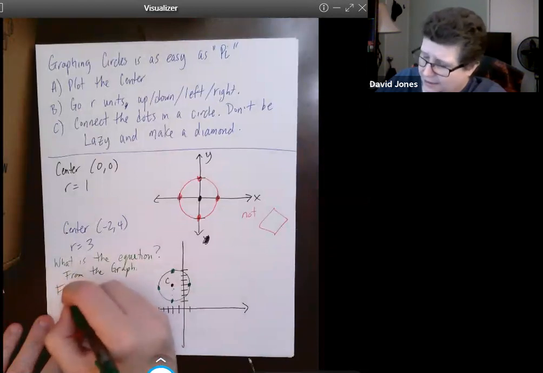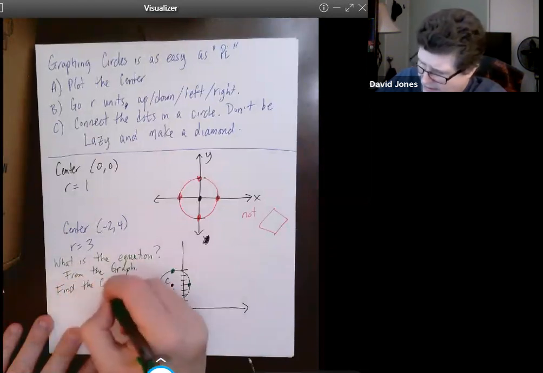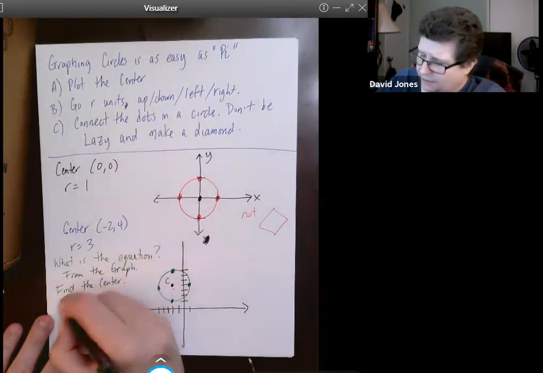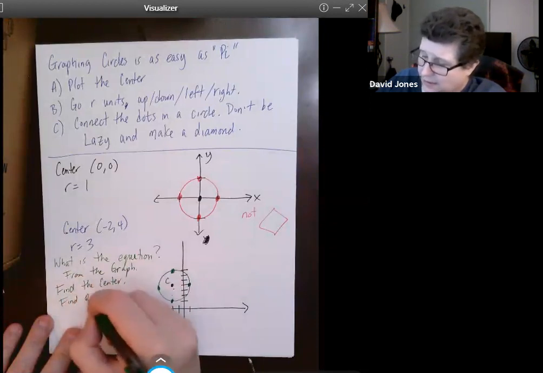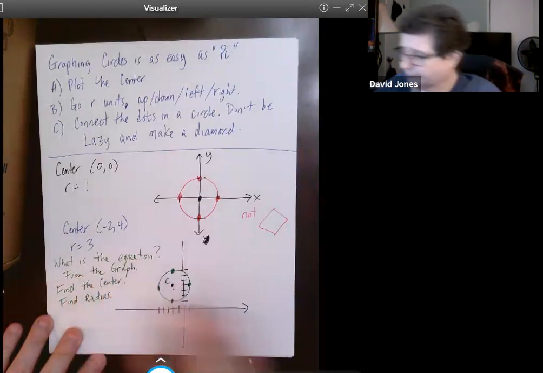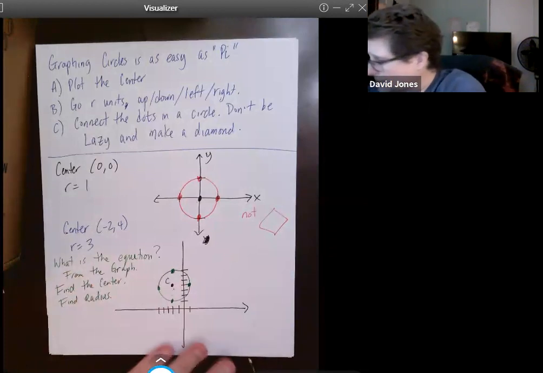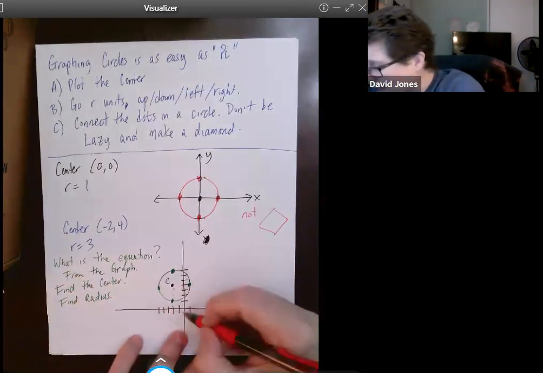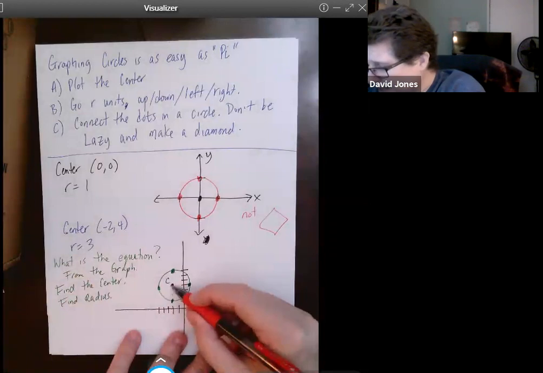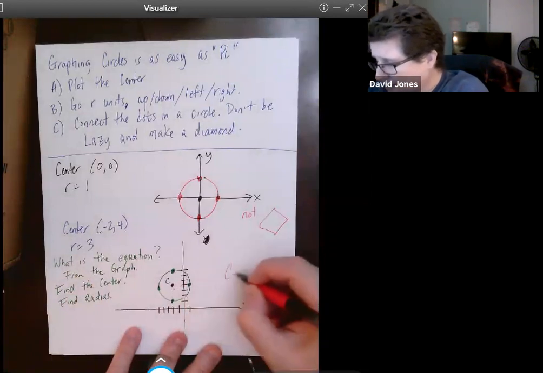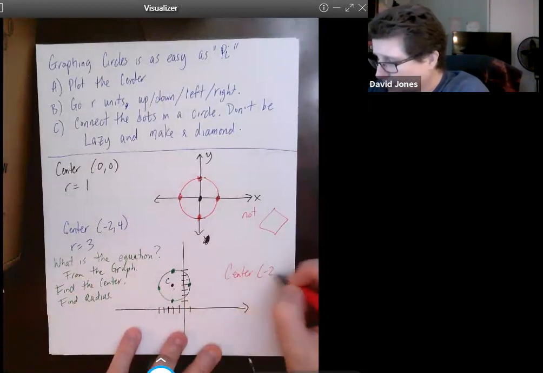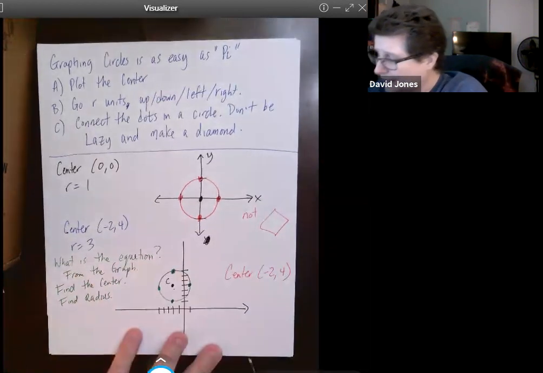Find the center and find the radius. So if I look at the center, it's −2 left and 4 up. Center is (−2, 4). We already know what it is right there.